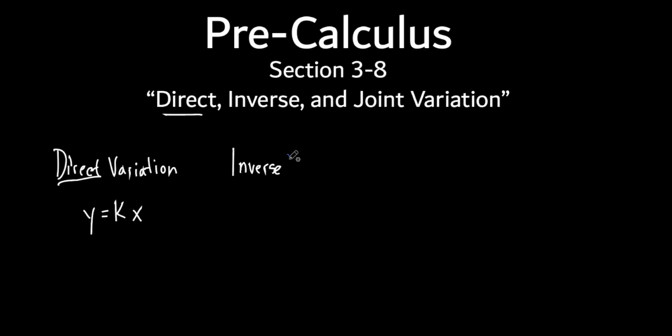An inverse variation means that as one thing goes up, the other thing goes down, all right? It's an inverse, all right? So this is how we do it here. This is very general. You could use other letters. So I'm going to put k over x. See how the x is on the bottom, the y is on the top?